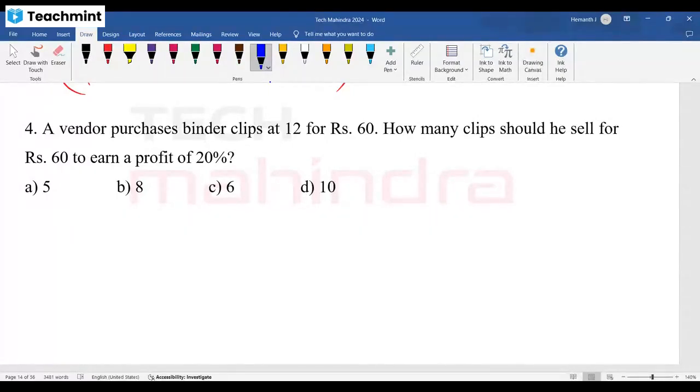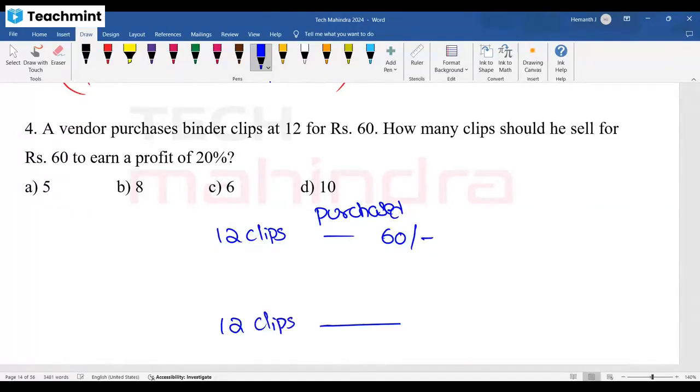See, generally, listen, if it is 12 clips, 60 rupees, okay, same, this is purchase. Same 12 clips you want to sell for 20% profit, then it should be 72 rupees. 20% profit means it should be 72 rupees, right?